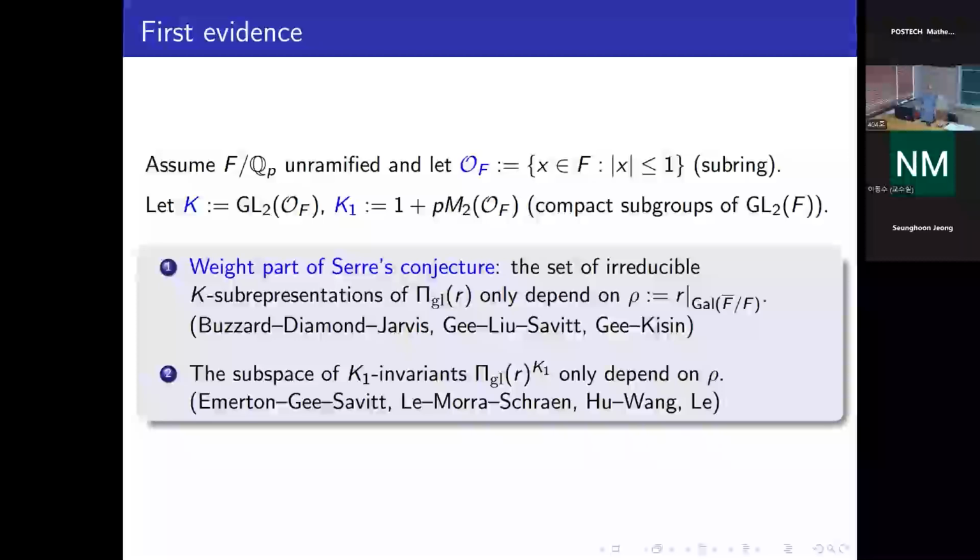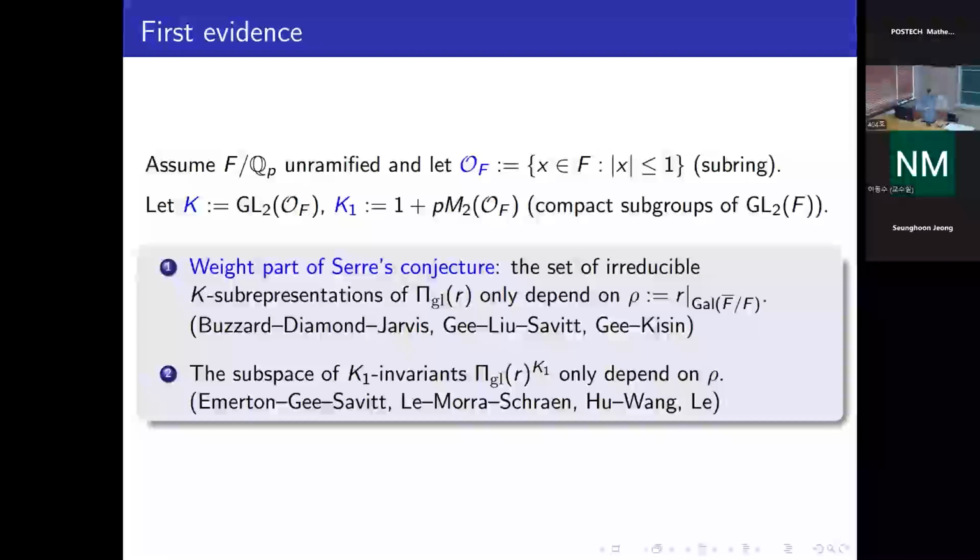They only depend on the local Galois representation ρ. And this is something important called the weight part of Serre's modularity conjecture, which was conjectured in this precise form by Buzzard, Diamond, and Jarvis in the early 2000s, and then proved a few years later by Gee, Liu, Savitt and Gee, Kisin.